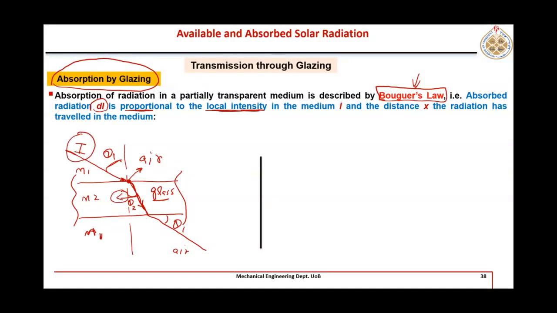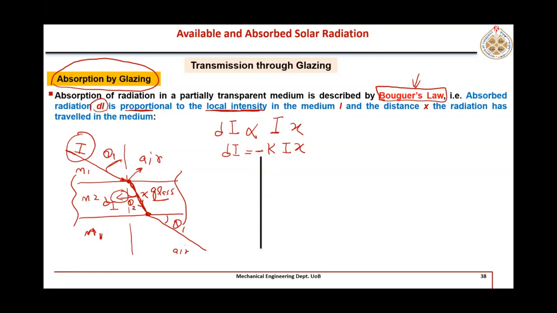Local intensity means total I. So this dI, the absorbed radiation, is directly proportional to the incident radiation and the distance x which it will travel from here to here within that medium. So it is directly proportional to these two, right? So we can introduce the constant of proportionality k, and dI equals k I x. All right, and the intensity of radiation is dropping, right? So that's why there is also a negative sign.